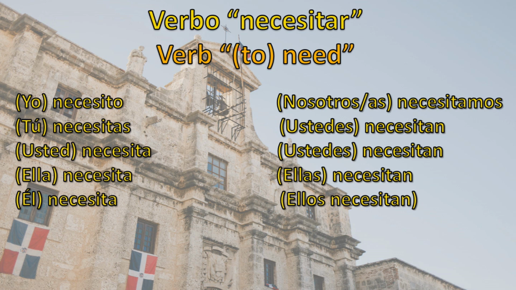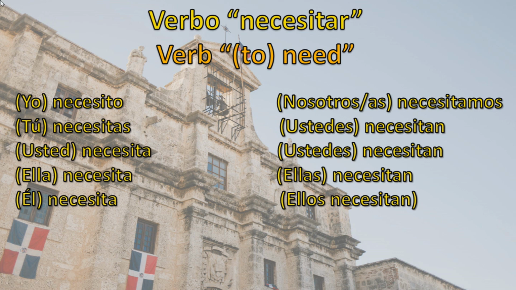So here we have the verb necesitar, and I conjugate it like this. I say yo necesito or just necesito. Remember that I put the subject pronouns, or the personal pronouns, in parentheses, because in Spanish it's not necessary that you say the personal pronoun unless you want to be very specific, okay?